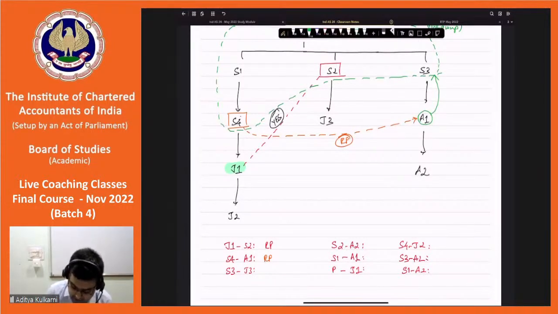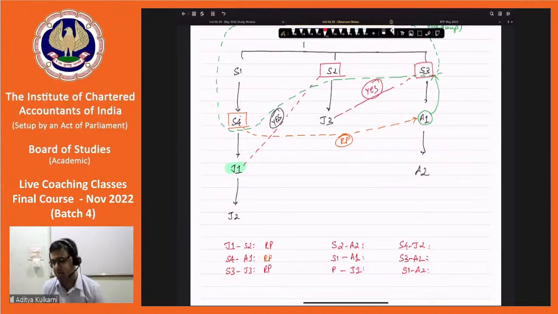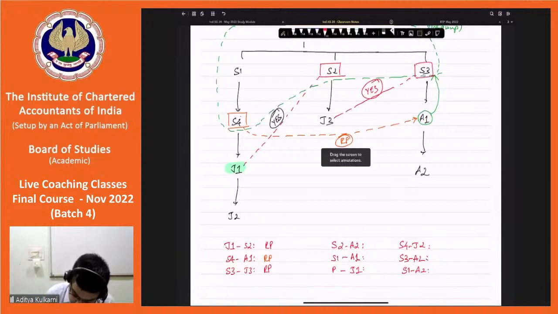On same lines, S3, J3: J3 is a joint venture of S2, a member of the group, of which S3 also is a member. So is there a relationship here? Yes. So S3, J3 are related parties. I'm getting the answers now. Priya Garg has confirmed. Tanushri has also replied correctly. Sheena Jain is saying S3, J3 are related. All right. Good.